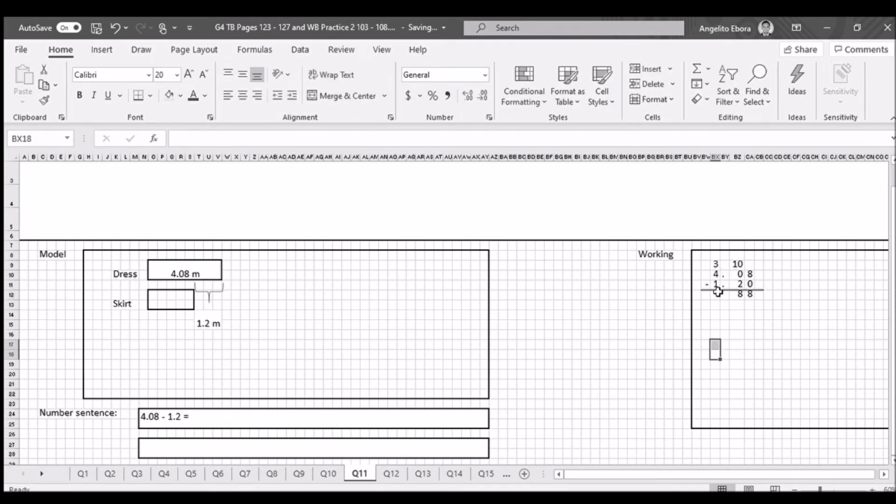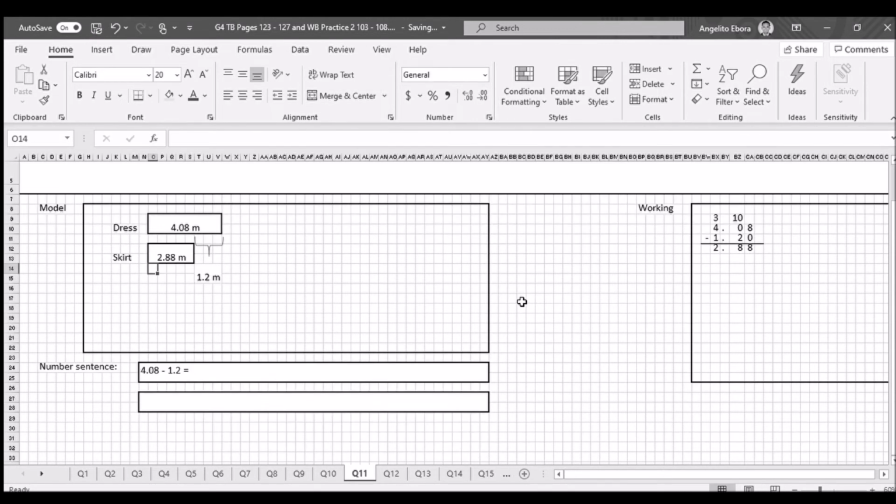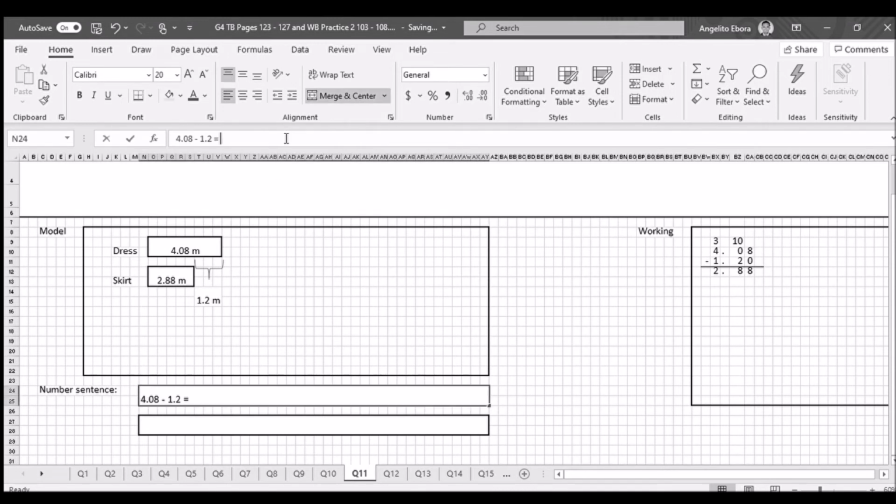So 3 minus 1 is 2. So 2.88. So this one is 2.88 meters. Okay? 2.88 meters.